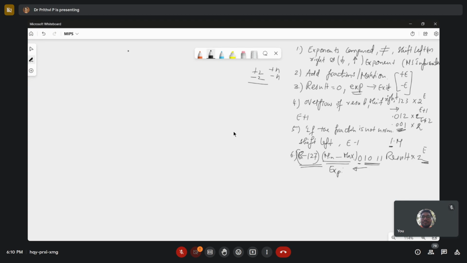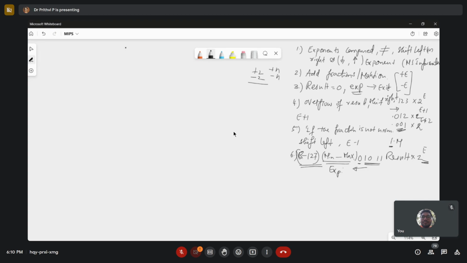You have done the experiment in your lab, two batches, two sections, completed by everyone. So a flowchart is needed.